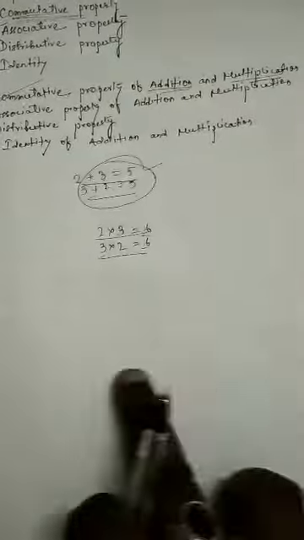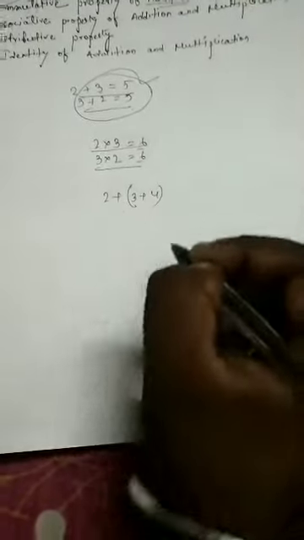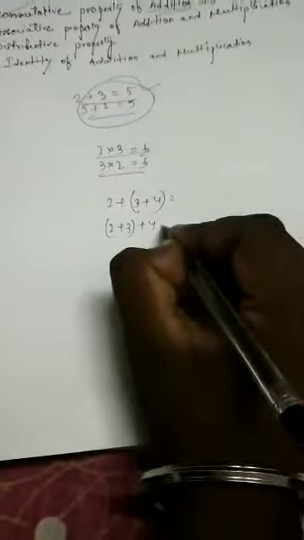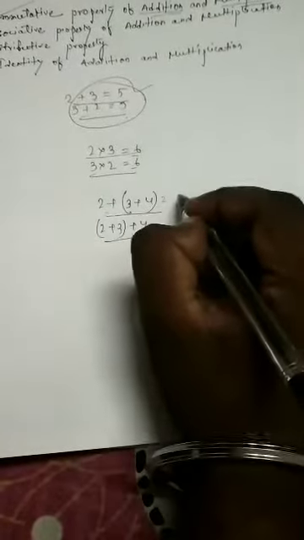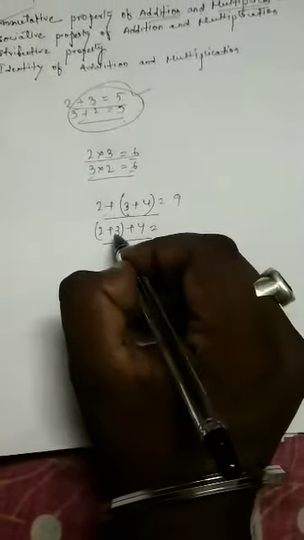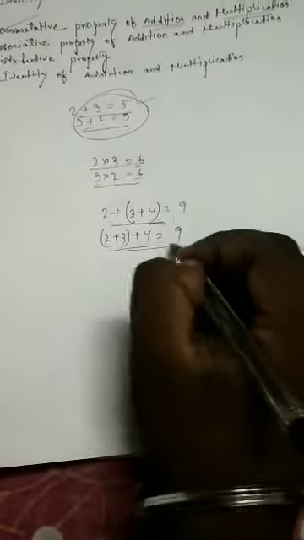Let's have a look. When we are adding three numbers, 2 plus 3 plus 4 and 2 plus 3 plus 4, both answers result the same. So 4 plus 3, 7, 7 plus 2, 9. 3 plus 2, 5, 5 plus 4, 9. Both the answers result the same.